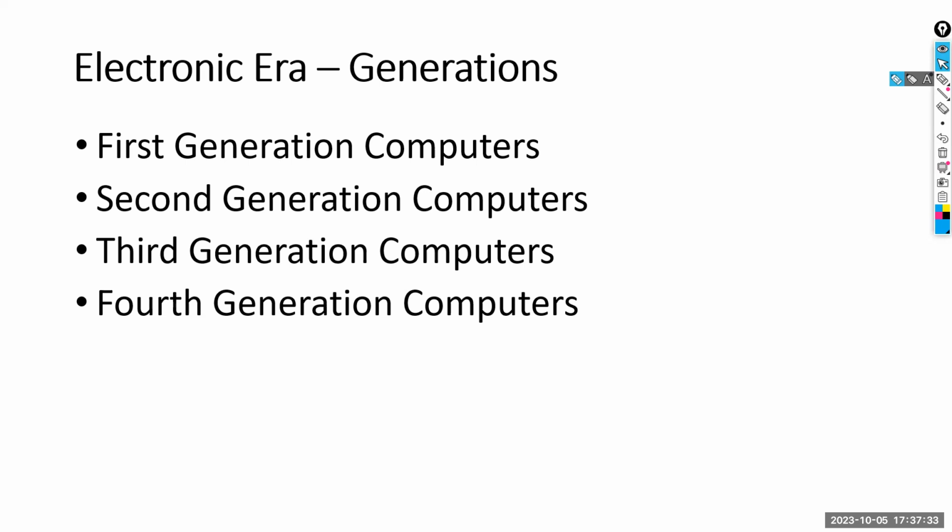Now, when you buy a computer, you look at whether it's i3, i5, i7, and so on. And there's also a concept called processor generation. Is it 10th generation, 11th generation, 12th generation processor? That is a completely different concept managed by Intel and so on. So this is not that kind of processor generation.